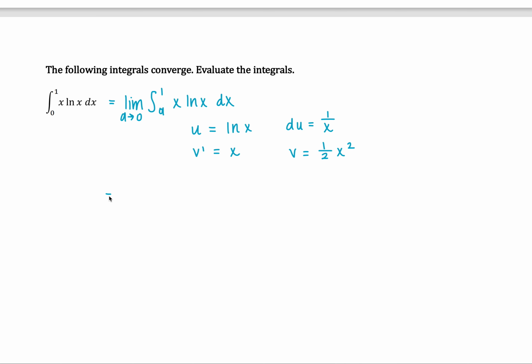So what are we looking at? We've got the limit as a goes to 0 of uv, so that's 1/2 x squared times the natural log of x, and we're going to evaluate that from a to 1, minus the integral of v du, so we have 1/2 x squared times 1 over x, that's just going to be 1/2 x dx, and that's going to be evaluated also from a to 1.